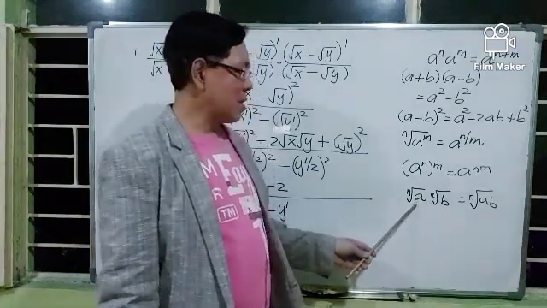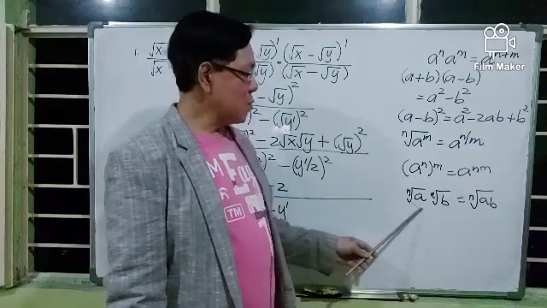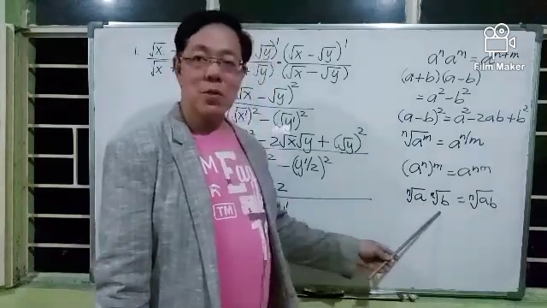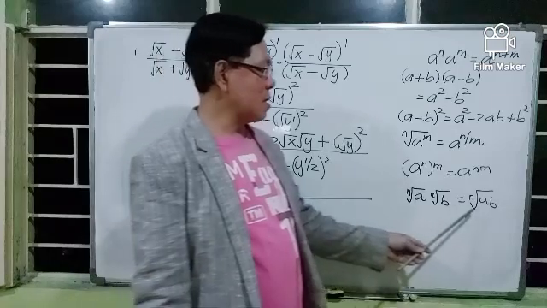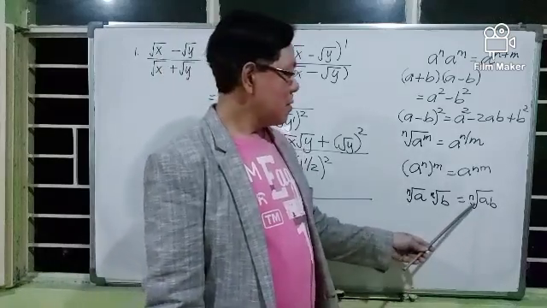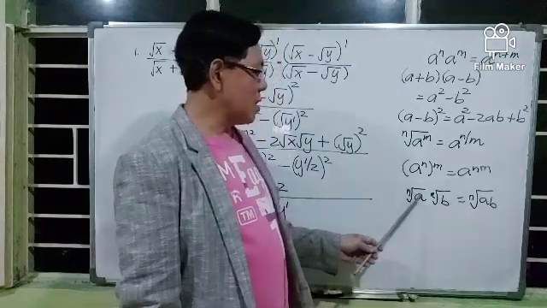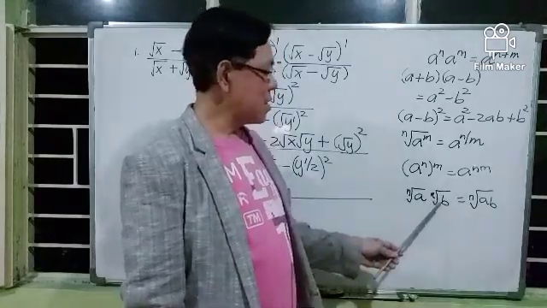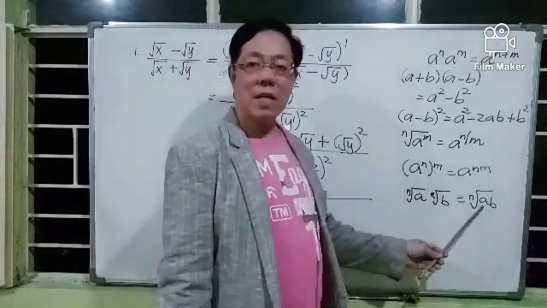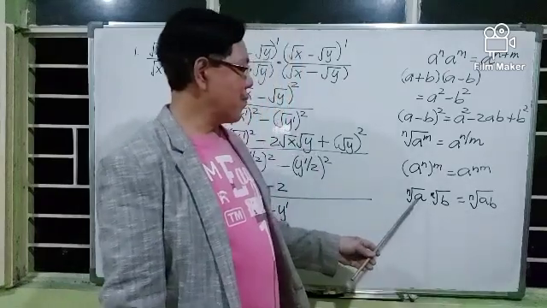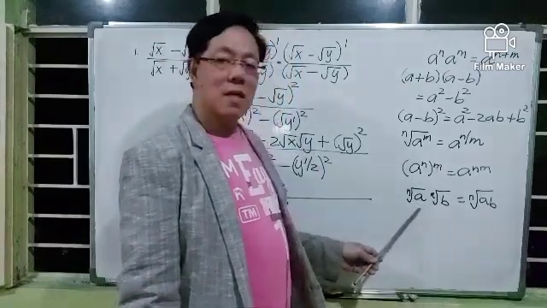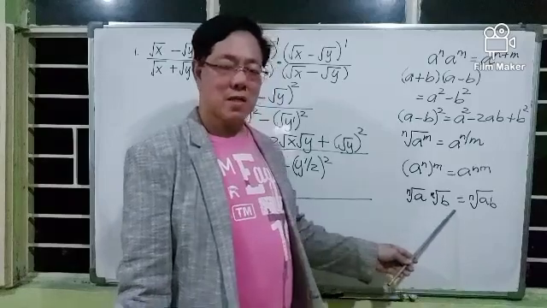And this property says that the product of these two radicals can be written as a single radical whose index of the radical sign is the common index of these two factors, and the radicand is the product of the radicals in these two radicals.